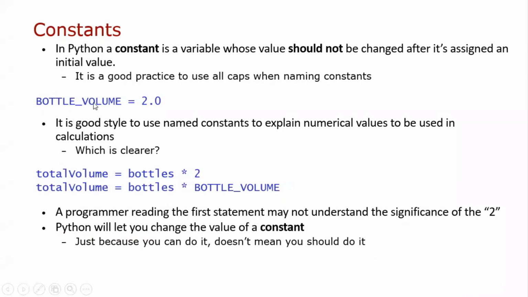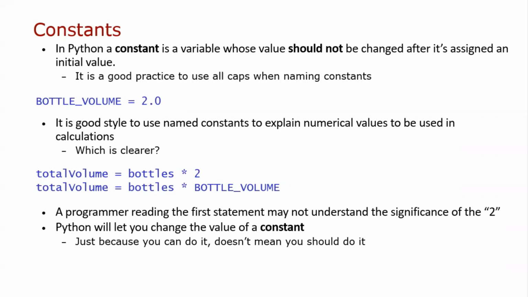As you can see, all the characters here are what? Capital. So when you write a program or you read a program and you see all these are capitals, you know that this is a constant. Now, suppose the company says, you know something, we don't have now 2 liters, we have 3 liters.